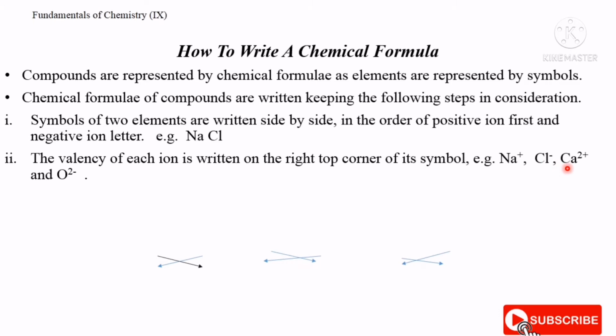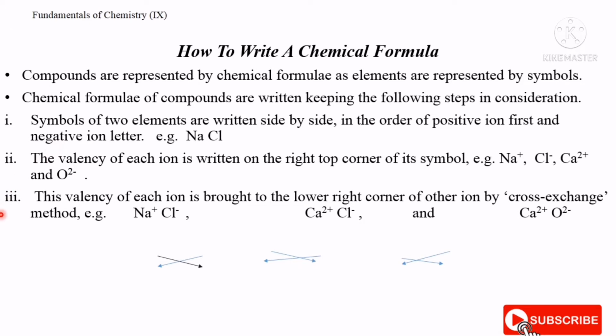For calcium, Ca 2 positive is the valency, written on the top right corner of the calcium symbol. In the same way, oxygen has 2 negative as its valency, written at the top right corner of the symbol of oxygen.